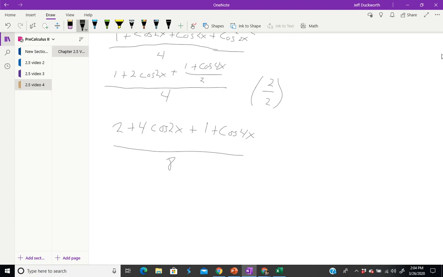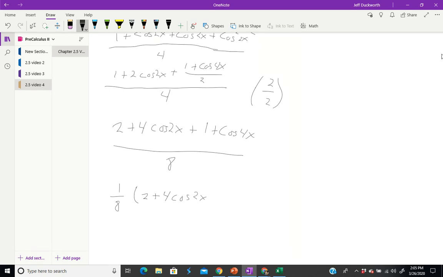The question wants me to not have it in this form, so I can take out a 1/8. And that's going to leave me with the number 2 here, and this one's going to be 4 cosine of 2x.